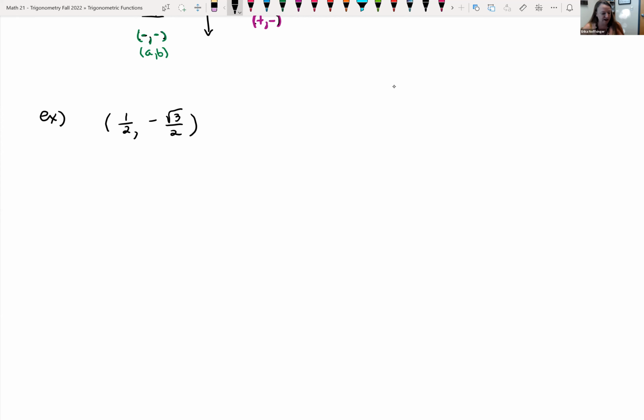Let me just read the directions so you're familiar with the terminology. It says a point on the terminal side of an angle theta in standard position is given. We're given this point, 1/2, negative √3/2. Find the exact value of each of the 6 trigonometric functions of theta.